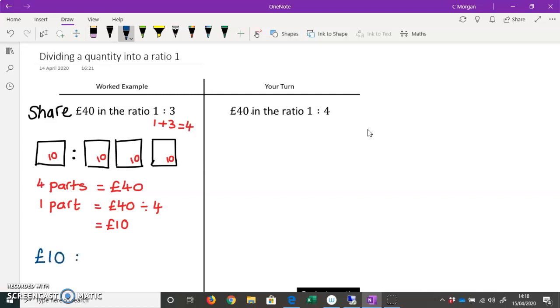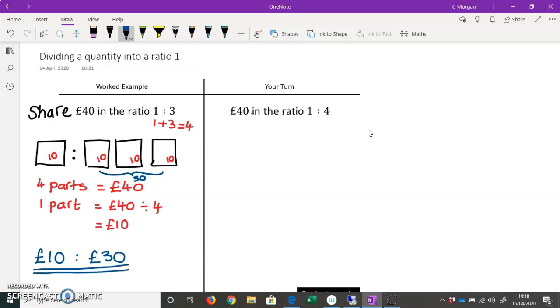But if I have a look on the other side of my ratio, if I add all of those together, that comes to £30. So I think the left-hand side of my ratio is worth £10 and the right-hand side of my ratio is worth £30. So that's my answer. I've shared or divided £40 in the ratio 1 to 3.